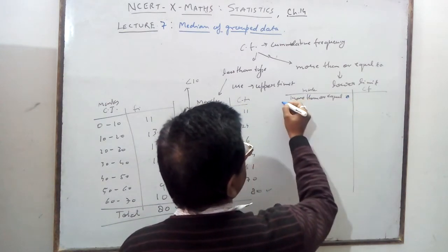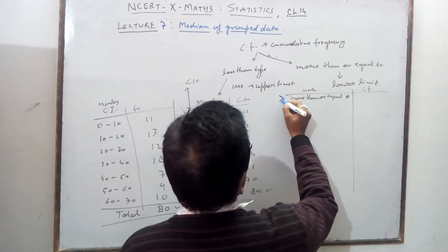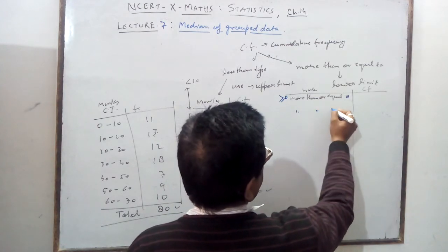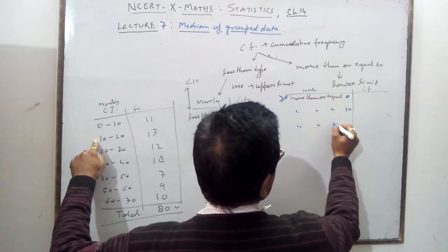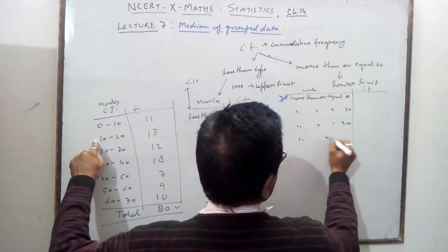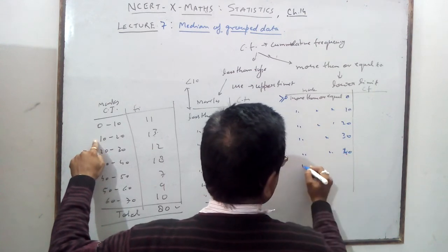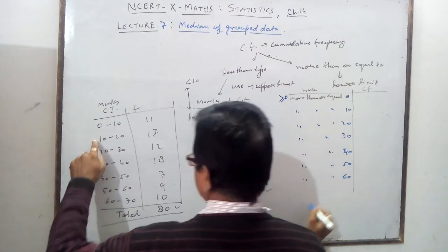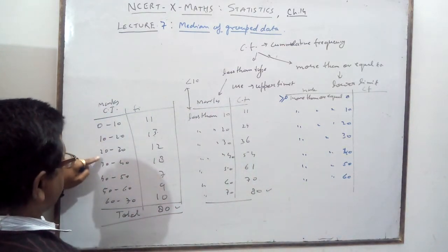More than or equal to sign, or greater than or equal to 0, like this. This or this you can write, but more than or equal to 10, more than or equal to 20, more than or equal to 30, more than or equal to 40, more than or equal to 50, more than or equal to 60. 60 is the last one here.